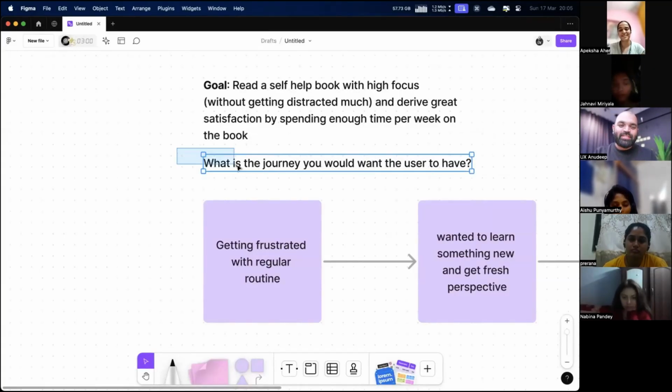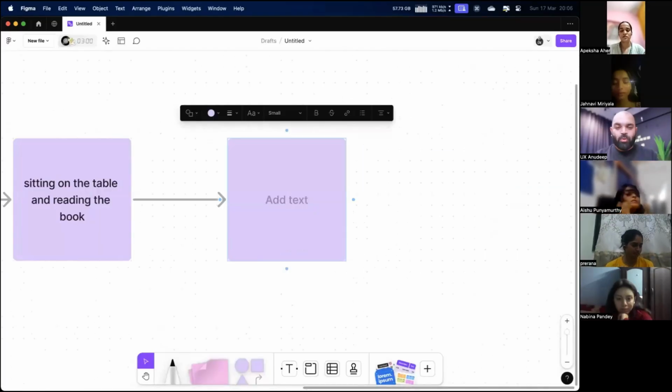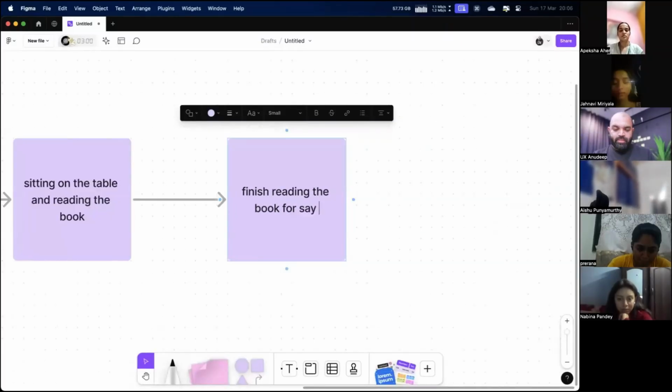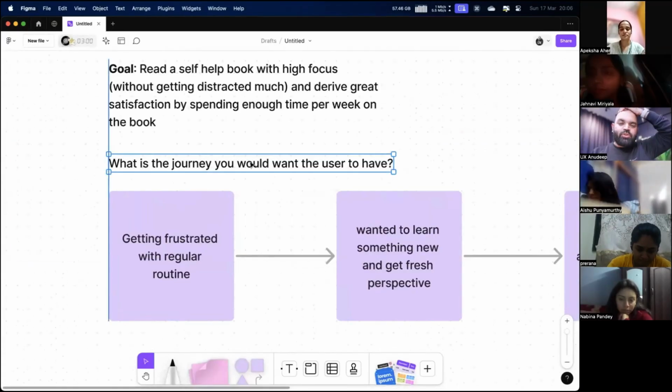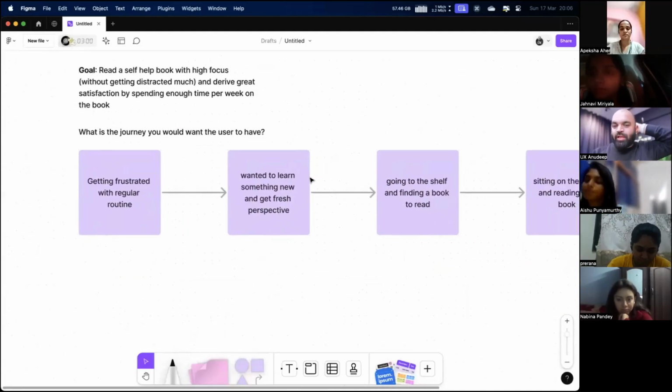Your journey is the frustrated journey. Your journey is not the journey which you would want the user to have. Feeling sleepy, you don't want to give that, right? You don't want them to feel sleepy. Yes. No. Finish the book for, say, 2 hours and put it back on the shelf. Okay. So this is the journey which you want the user to have for this particular goal.